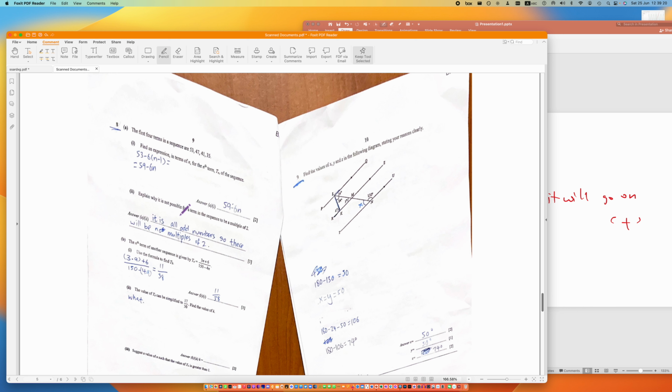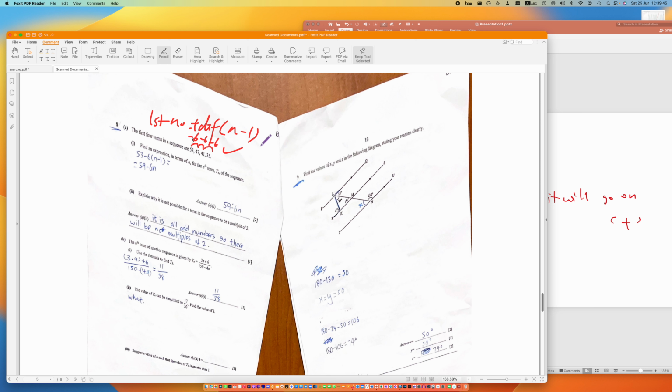So this question, you see, I purposely choose this kind of question to test you on one of the 7 rules. So this is the first number plus the difference times n minus 1, right? By the way, this formula only applies when you have the same difference throughout. So this is minus 6, minus 6, minus 6.